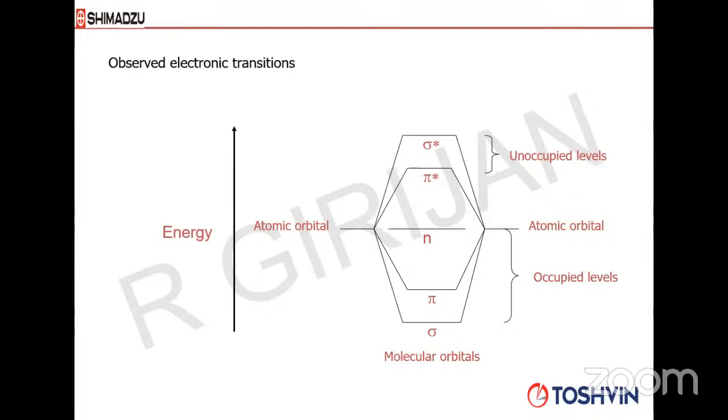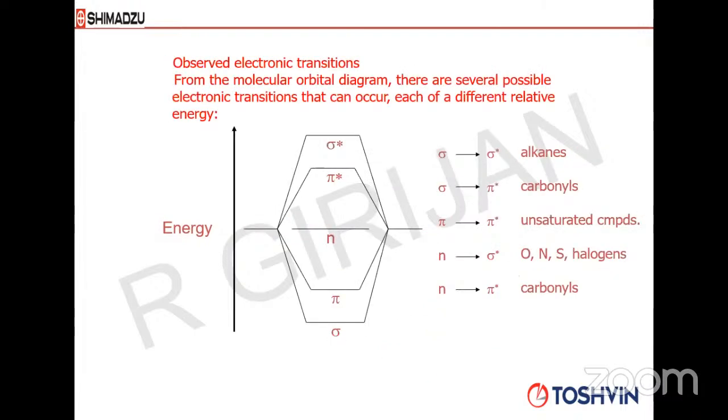Sigma, pi, and n orbitals are always occupied with electrons, whereas pi star and sigma star are normally unoccupied levels. So there is freedom for the electrons to go from an occupied level to an unoccupied level. That is actually what is happening in UV spectroscopy.